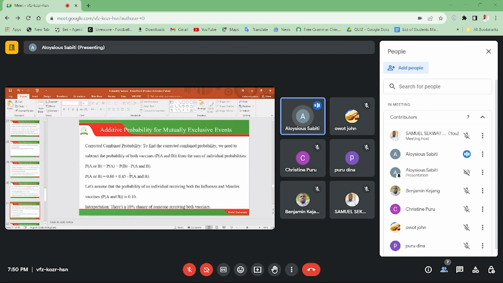Just for this interpretation, we shall now assume that the probability of an individual receiving both vaccines is 0.10. We shall do the subtraction as it is. And therefore, the interpretation will mean that there is a 10% chance of someone receiving both vaccines. So I will have another example here.